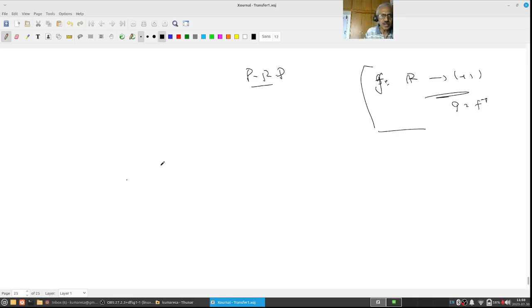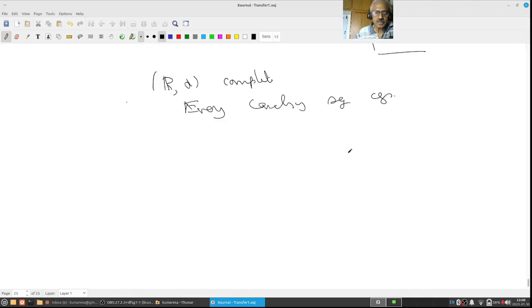Now let us look at R. With this distance, we know it is a complete metric space, that is, every Cauchy sequence converges. Now notice this f from minus 1 to plus 1 to R, with the induced metric and the standard absolute value metric, is an isometry.